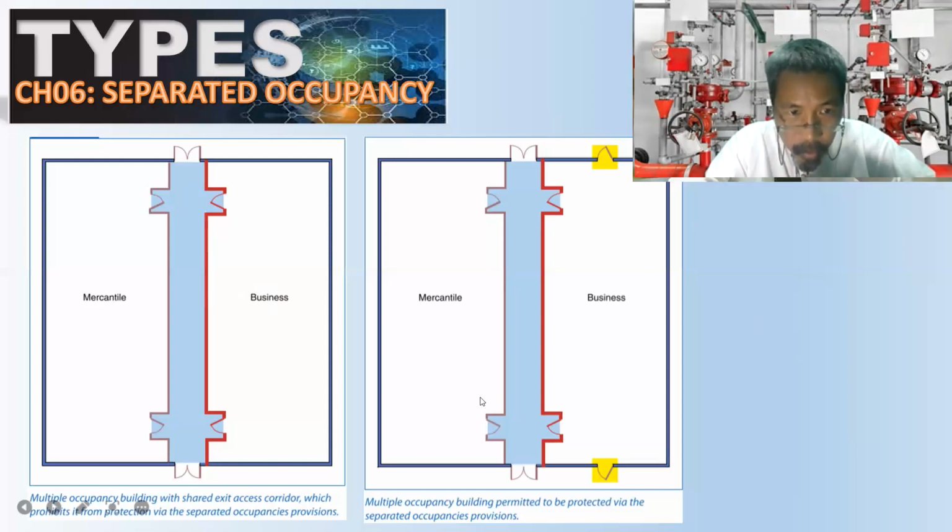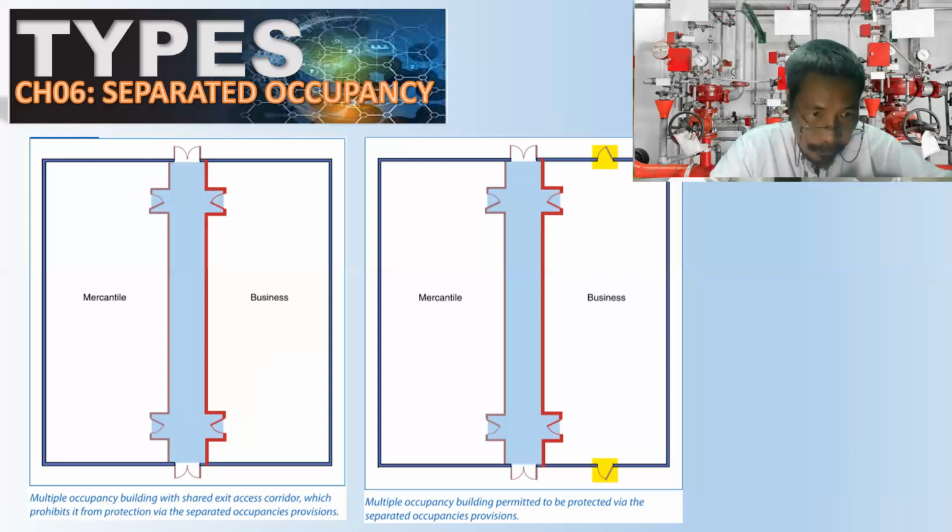So, a multiple occupancy building with a shared exit access corridor like this. So there is an exit access corridor. This corridor is being shared by both, which prohibits it from protection via the separated occupancy provision.